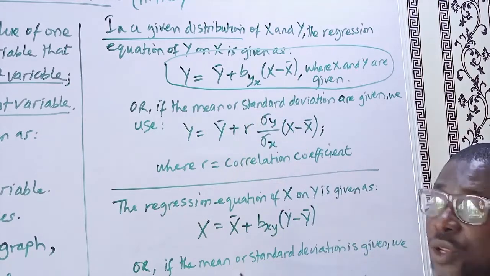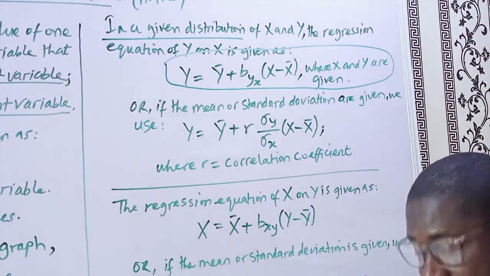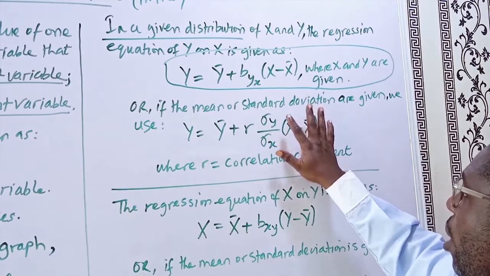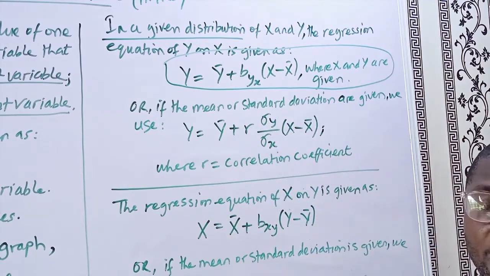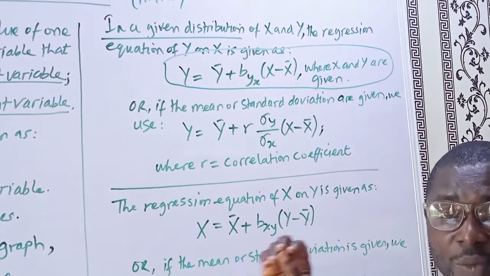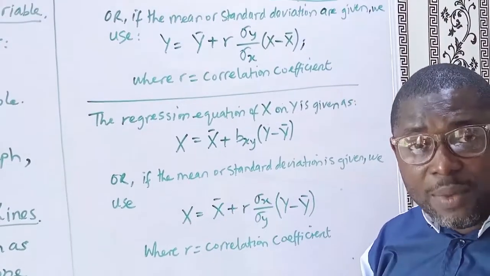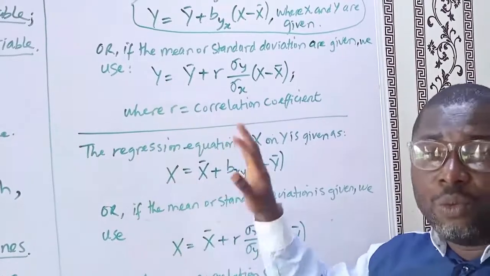And in a subsequent video, we are going to look at cases where you may be given the mean and standard deviation of your distribution. You're not given the distribution, but the mean and the standard deviation have already been determined. Now you want to predict what y will be.